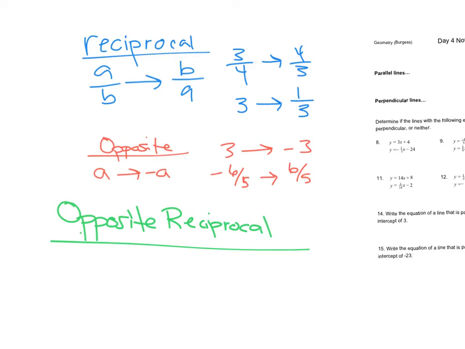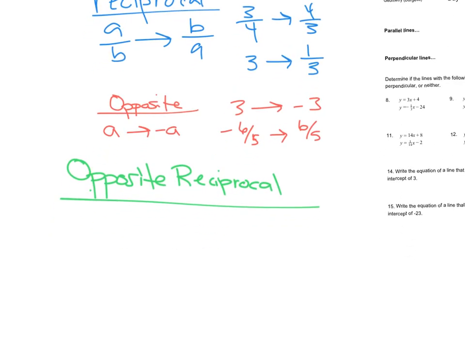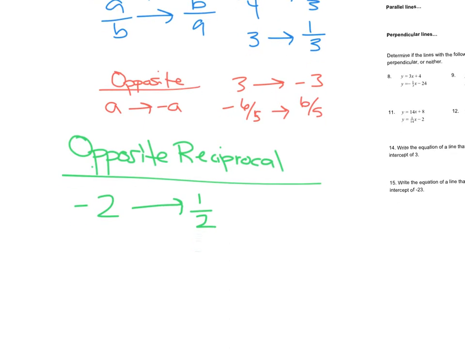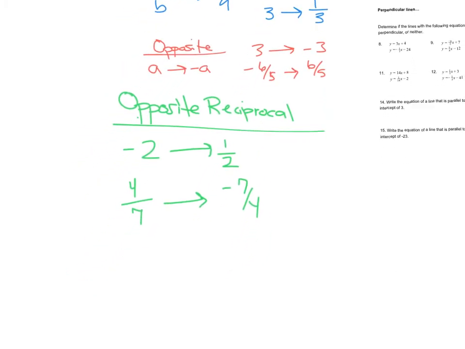Okay, so the opposite reciprocal of, for example, negative 2, positive 1 over 2. What is the opposite reciprocal of 4 over 7? Negative 7 over 4. Okay, y'all got that. The other classes struggle with that a little bit. I don't know why. Okay. So, in a minute, we'll see why we're concerned about this opposite reciprocal.